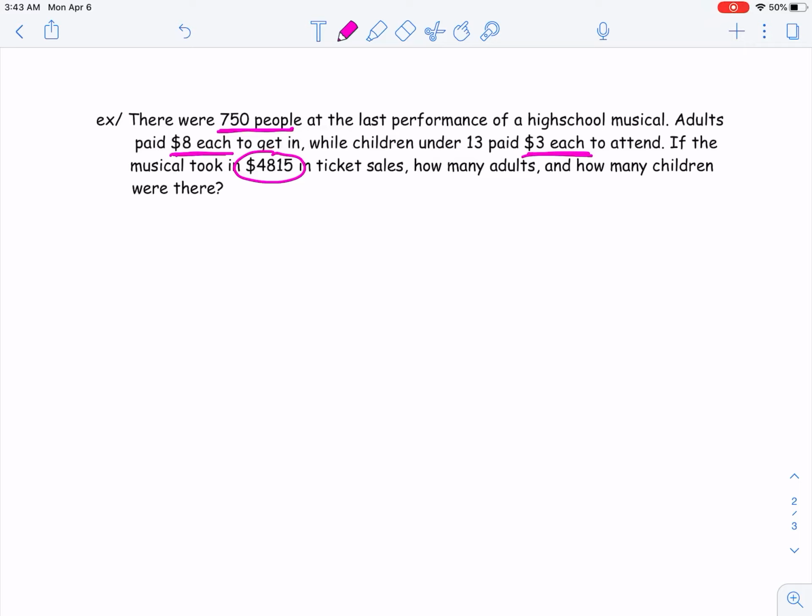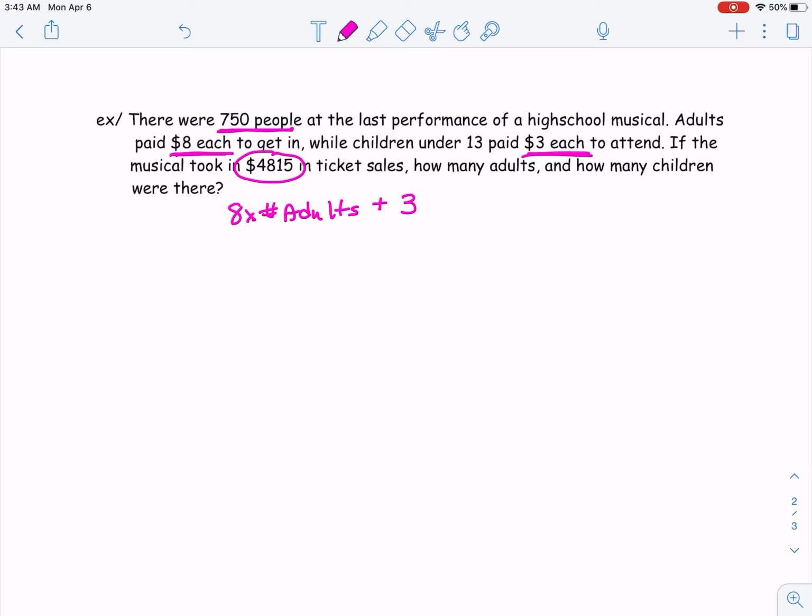Remember, step 1, figure out how this works. So basically, we can say 8 times the number of adults. This is how much money we're going to bring in.